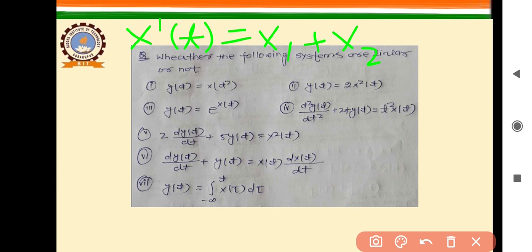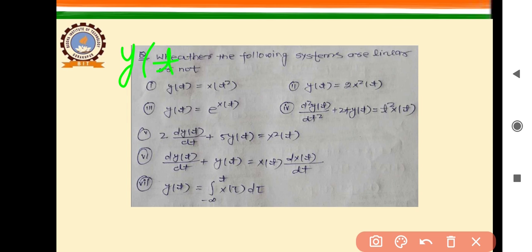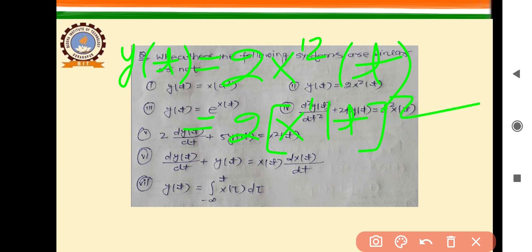So if this input is applied to this system, it will result as y(t) is equal to 2 times x dash square (t), and in place of x dash (t) I will write x1 plus x2.